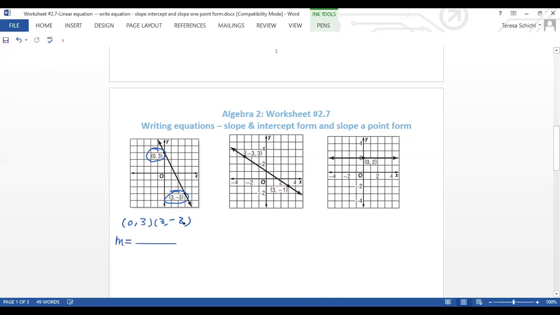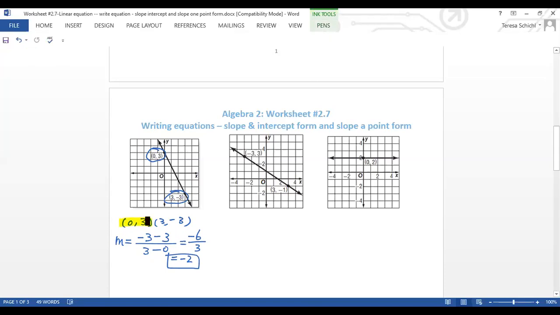The slope is y2 minus y1 over x2 minus x1. So it's -3 minus 3, and then 3 minus 0. What is -3 minus 3? It's -6, over 3. So what is my slope here? It's -2.